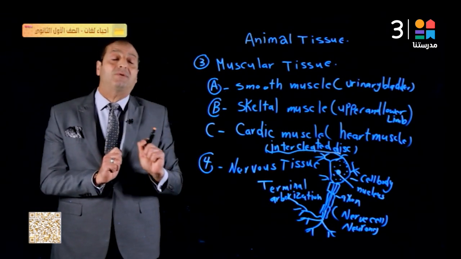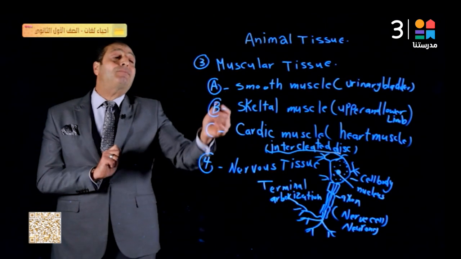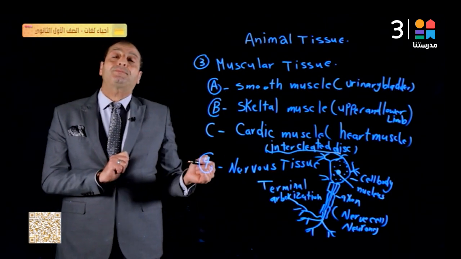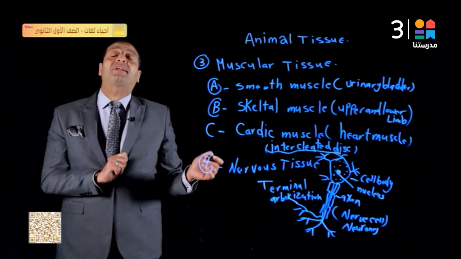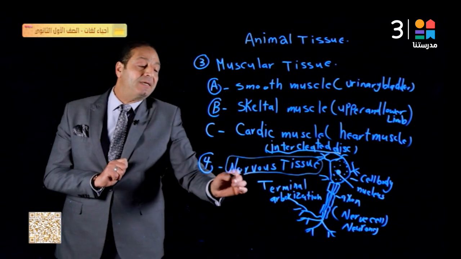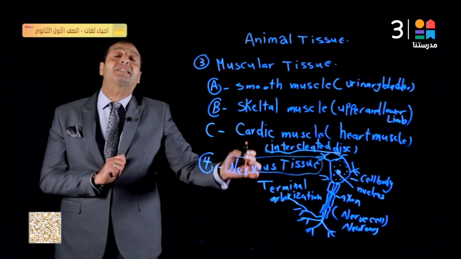We don't control it. Another type of tissue is called nerve tissue. Nerve tissue plays an important role in transmitting nerve impulses from the brain and the spinal cord.